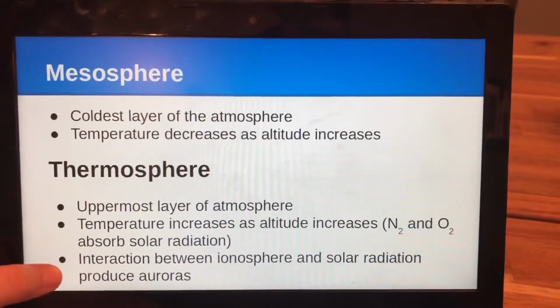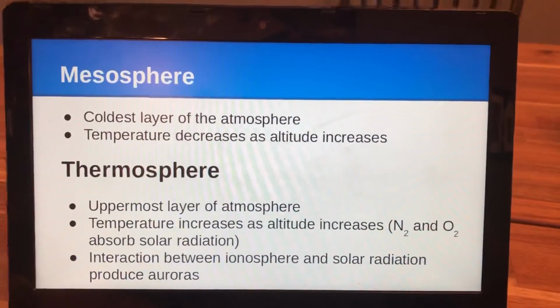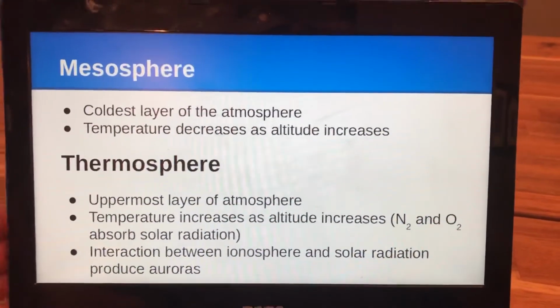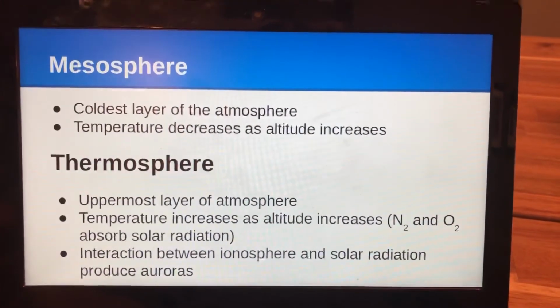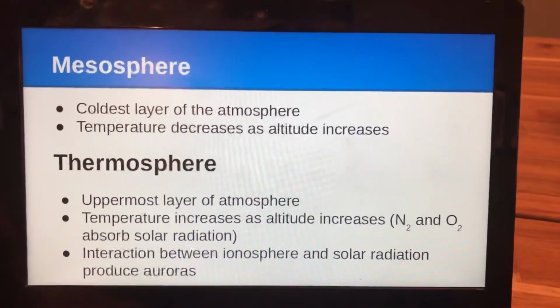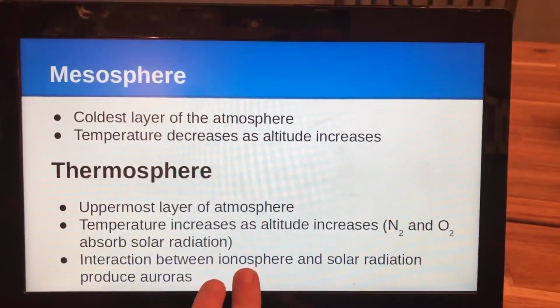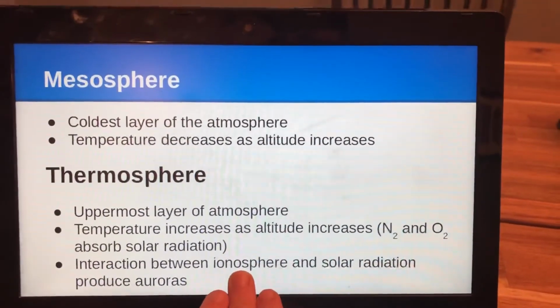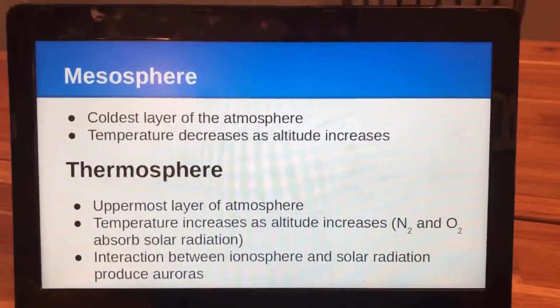If you've ever seen pictures of the aurora borealis or the northern lights, I think we've mentioned those in class before, this is where those take place, in this uppermost layer, the thermosphere. That's caused by ionic material being hit by radiation from the sun.